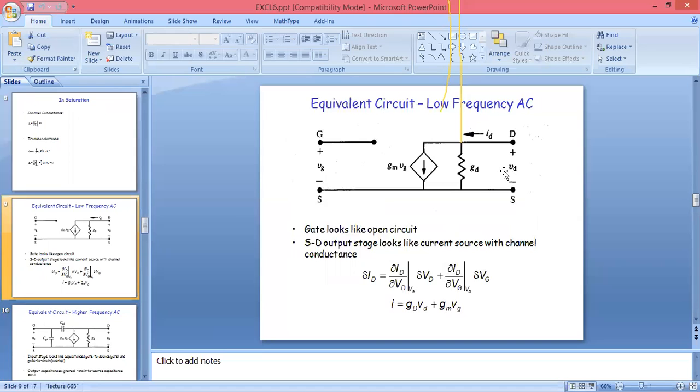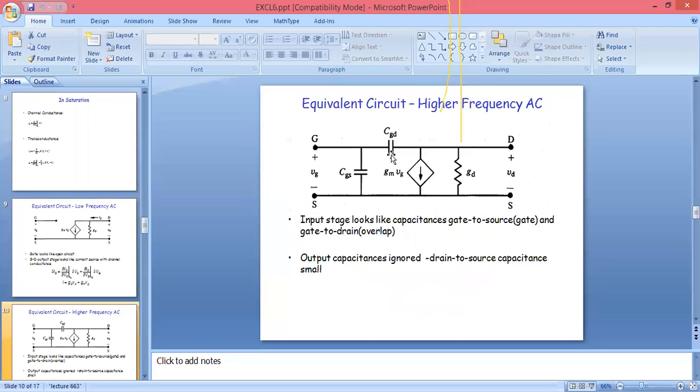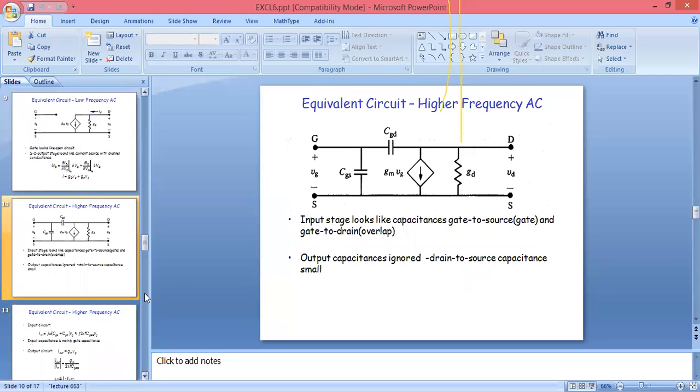If you look at drain to source, you can see it looks like a current source with channel conductance, and in higher frequencies it looks like a closed circuit because we are using capacitance. The input stage looks like a capacitance, gate to source voltage and gate to drain overlap. Output capacitances are ignored here because the drain to source capacitance has a small value.